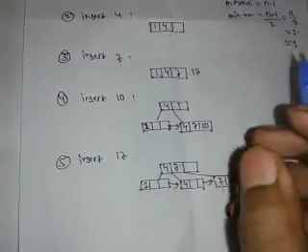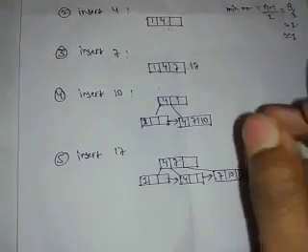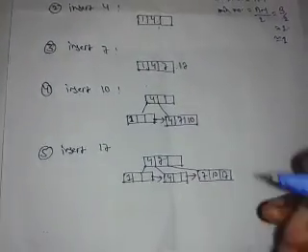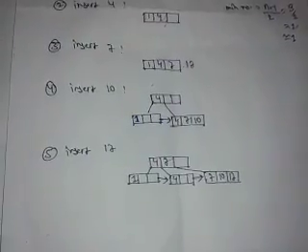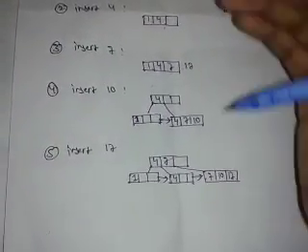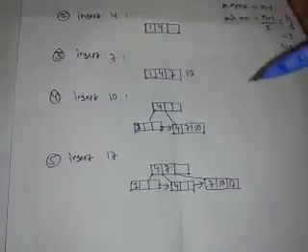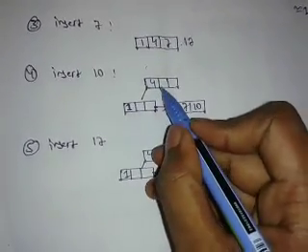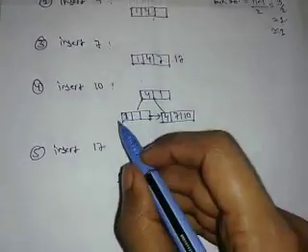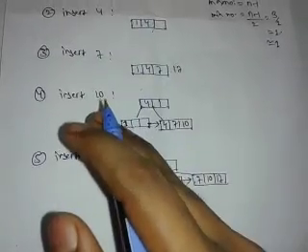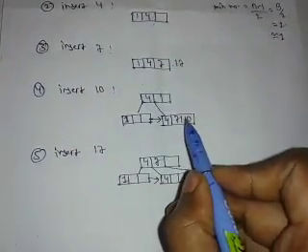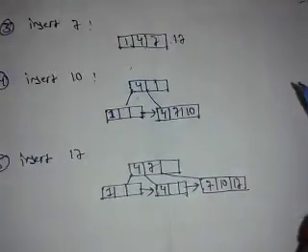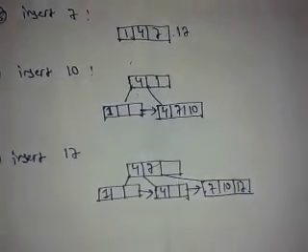The middle element, we put it upwards. It means we shift the middle element upwards, like I did in this step. 4 is moved upward and 1 is on the left side of 4, and 4, 7, 10, these all are on the right side of the 4.